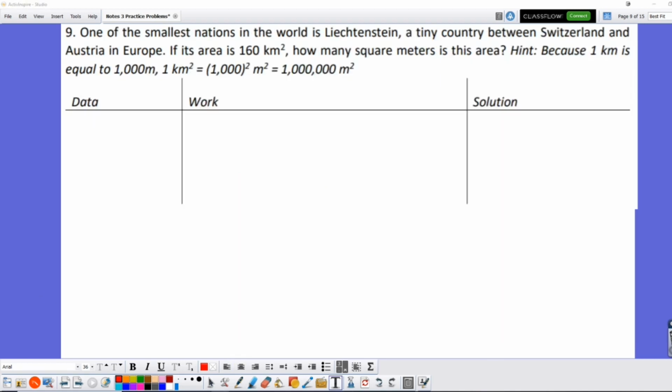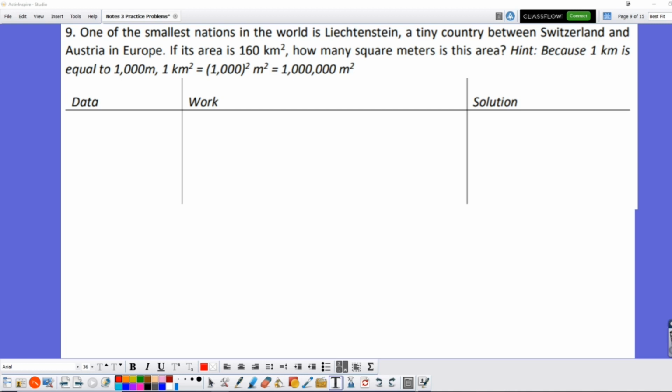Practice problem number 9, which is going to be the last one for this set of notes, says one of the smallest nations in the world is Liechtenstein, a tiny country between Switzerland and Austria in Europe. If its area is 160 square kilometers, how many square meters is this area? And they give us a hint here.